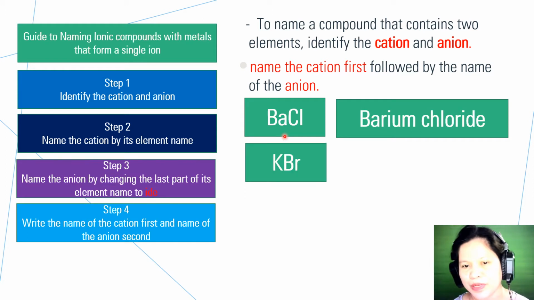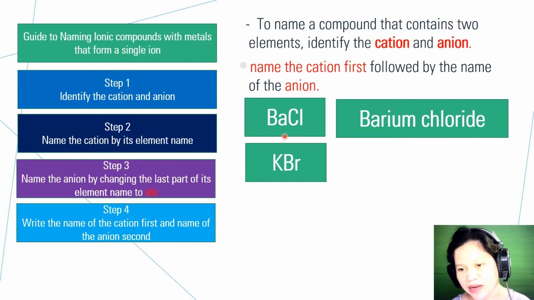Okay, second example. Potassium and bromine. Okay, which one is positively charged? Okay, very good. It is the potassium, which is K, positive 1. What about bromine? Okay, bromine is in group number 7, which bears a negative 1 charge.